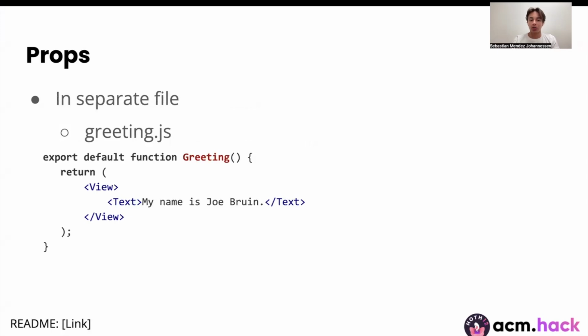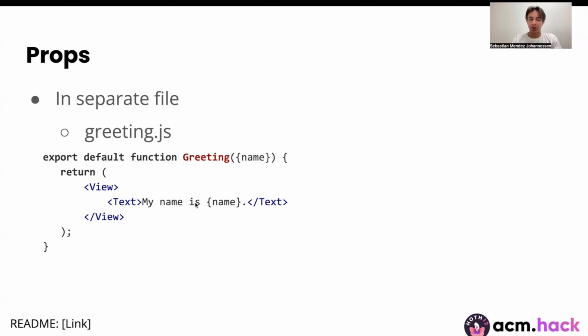So going back to our previous greeting example, let's try and make this a bit more reusable by making the name easily changeable. The way we would do that is by adding a prop inside of the function declaration, like this, then changing out the hard-coded name here with our name prop with curly brackets on each side.